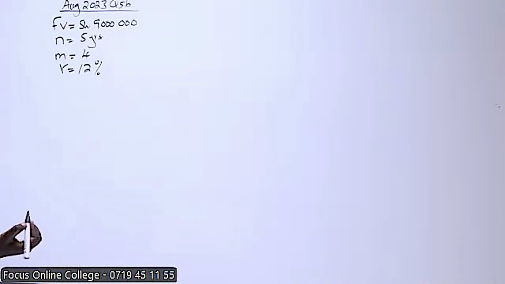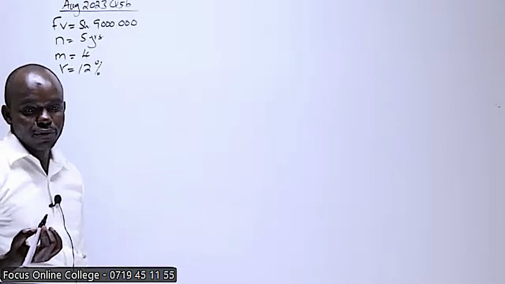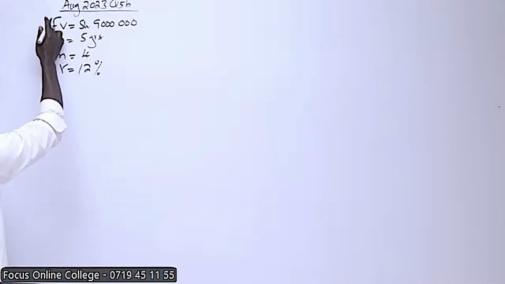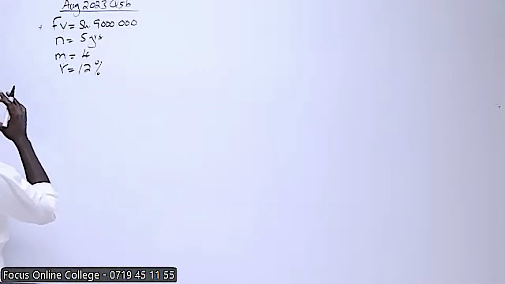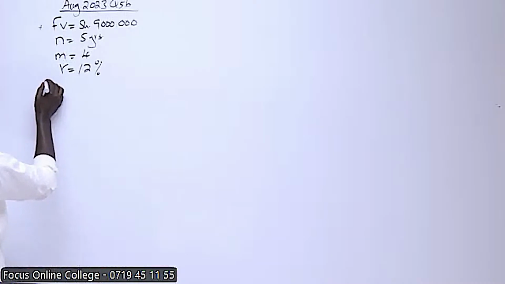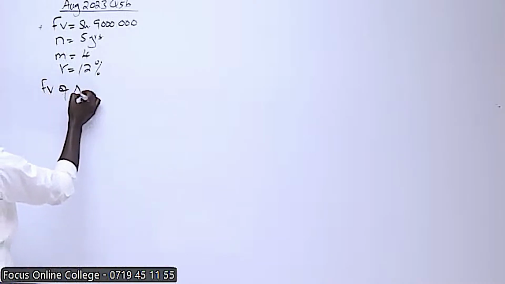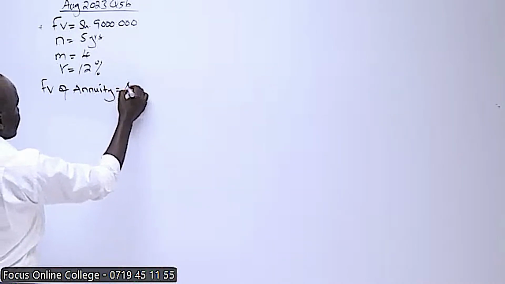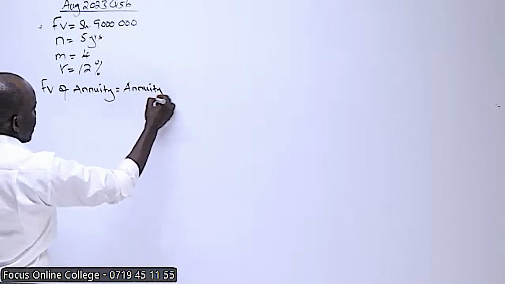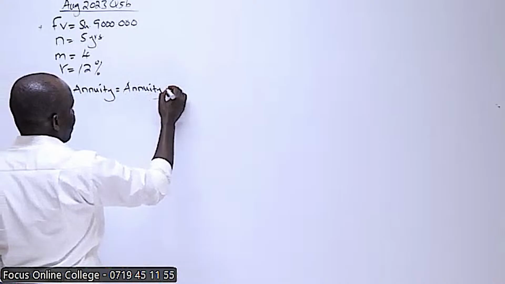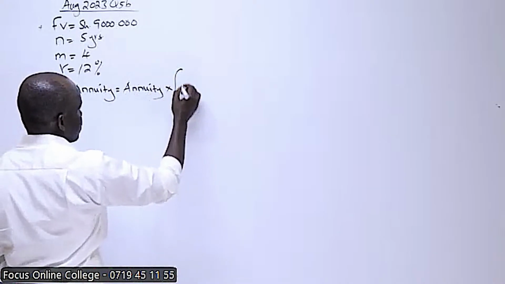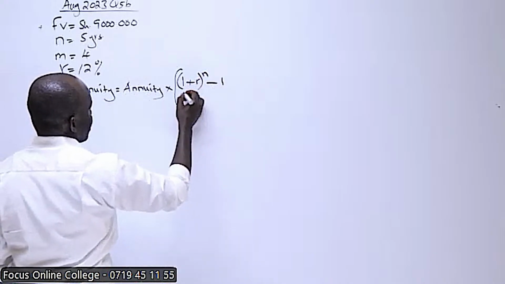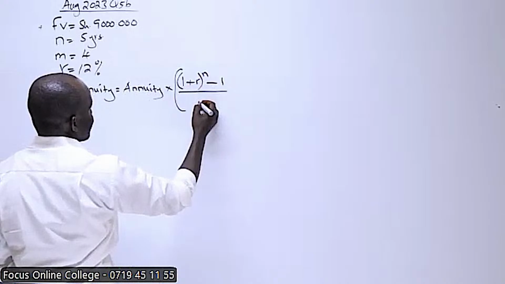So here we have 2 methods. We can start by computing the effective interest rate. But before that, this is the future value, and we are looking for an annuity. We've just said that future value of annuity is equals to the annuity times 1 plus r power n minus 1 over r.